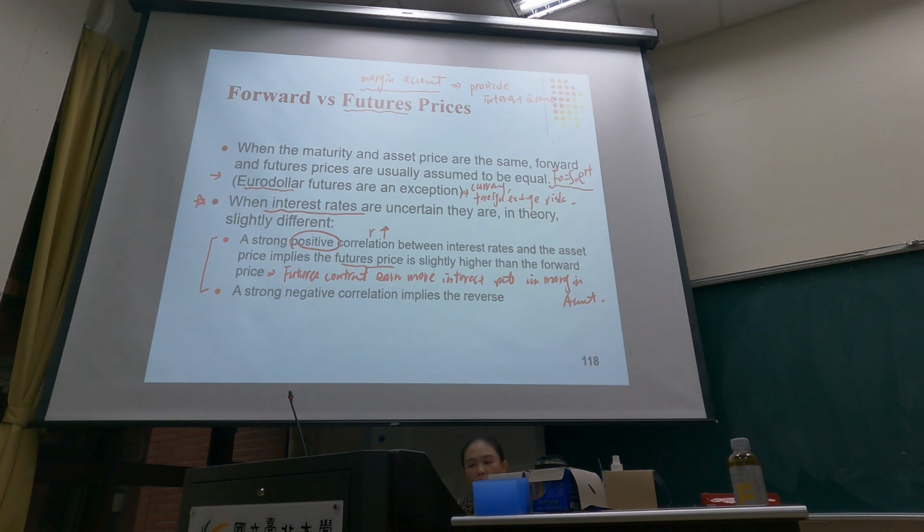But the strong negative correlation will imply the reverse, because originally you are staying in the equilibrium already. When the interest rate go down, your futures will earn less, okay? So sometimes it becomes even lower price compared with the forward. Okay, on the condition when you started with an equilibrium. You guys follow me? Okay, so basically the impact of an interest rate movement is affecting the price of the futures, okay?